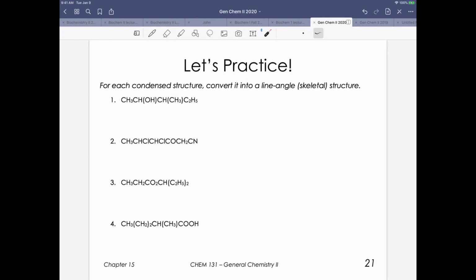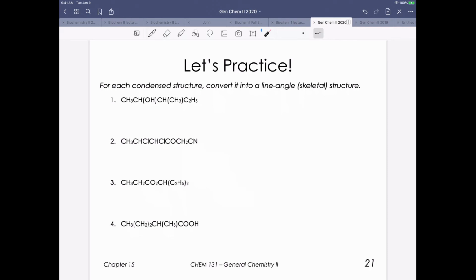For each of these, I'm going to walk through it in the video, because this is one of those skills where I have to see it in motion. I can't just see the static solution and talk about it. We actually have to see it worked out.